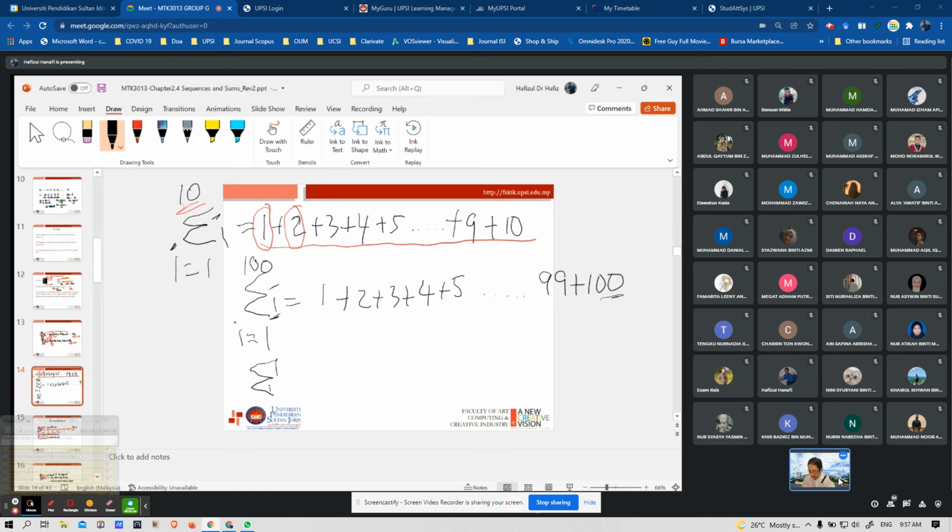We have I equal to 0, and then the upper limit is 50.